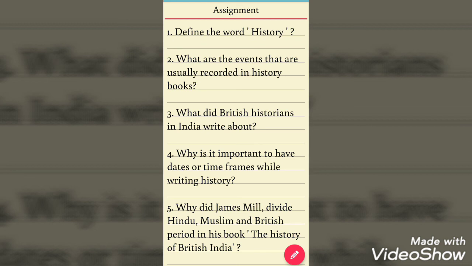Then fourth one, why is it important to have dates or time frames while writing history? The fifth one, why did James Mill divide Hindu, Muslim and British period in his book, The History of British India? Okay, then try to answer these questions.